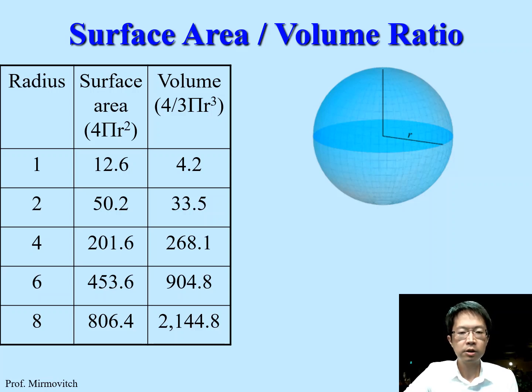And when we convert to a sphere, because most of our cells are in a spherical shape, you can see the differences are even larger. If the cell is very small, radius is only 1, surface area is 12.6, the volume is 4.2, and surface area to volume is approximately 3 again.